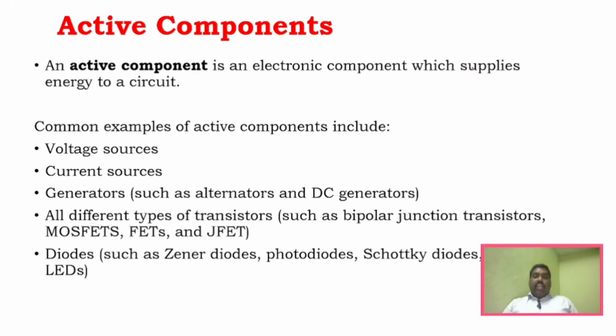As I said, an active component is an electronic component which supplies energy to the circuits. All these are active components: voltage sources, current sources, generators, all the transistors, and diodes. When it comes to diodes, you have to understand that Zener diodes, photodiodes, Schottky diodes, and LEDs are called active components, whereas there are passive diodes as well, and the common p-n junction diode is considered a passive component.